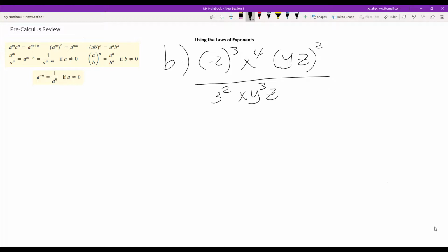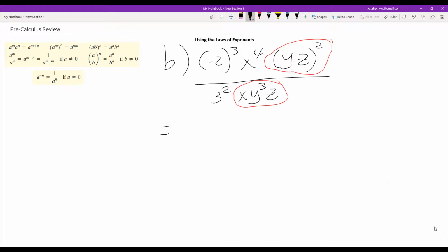Now notice how in this one there's no parentheses in this one here. So parentheses make a difference, so you have to be careful with that. Okay, so let's evaluate this one.